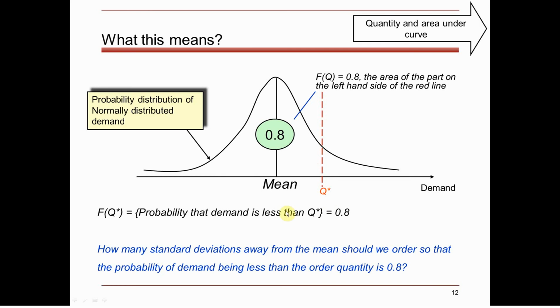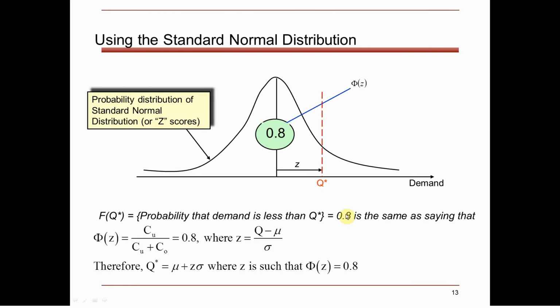So the real question is, how many standard deviations away from the mean should we order so that the probability of demand being less than the order quantity is 0.8? It brings us back to this basic problem in statistics: how many standard deviations from the mean will give us a probability of 0.8. Let me set that up.